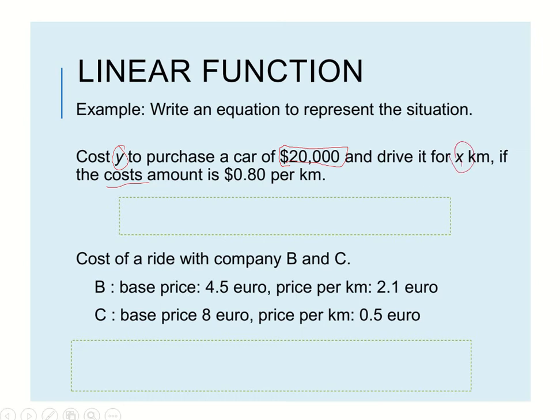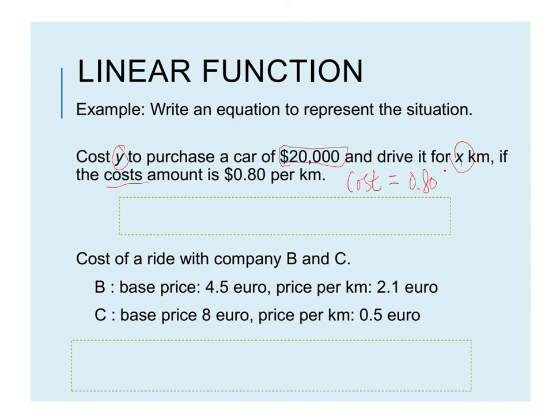So now we know that the cost we need to pay will be 80 cents if we drive for 1 km, which is 1 times 80 cents. If we drive for 10 km, then it will be 10 times 80 cents.